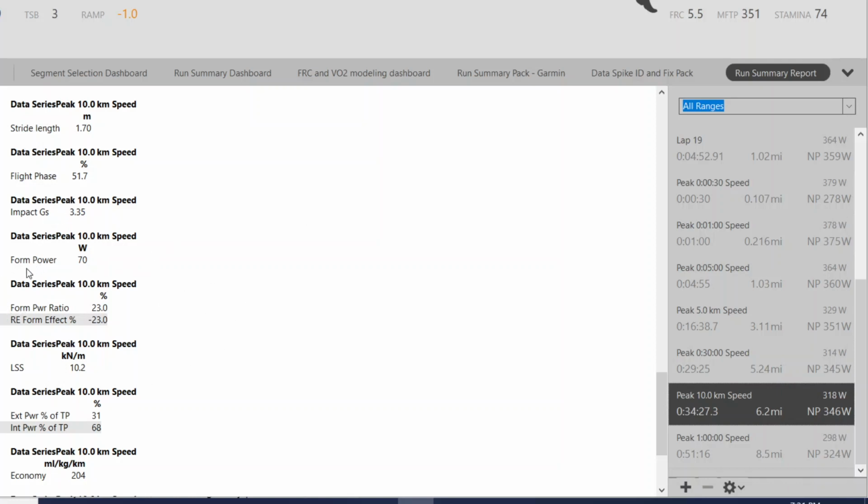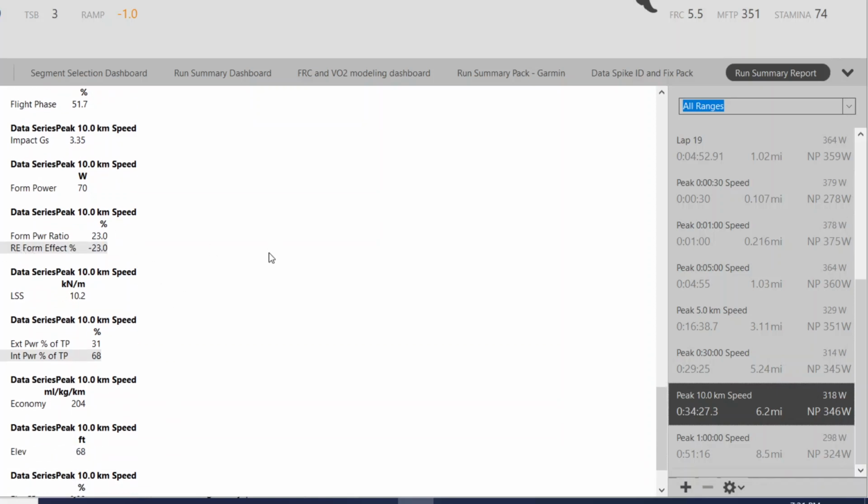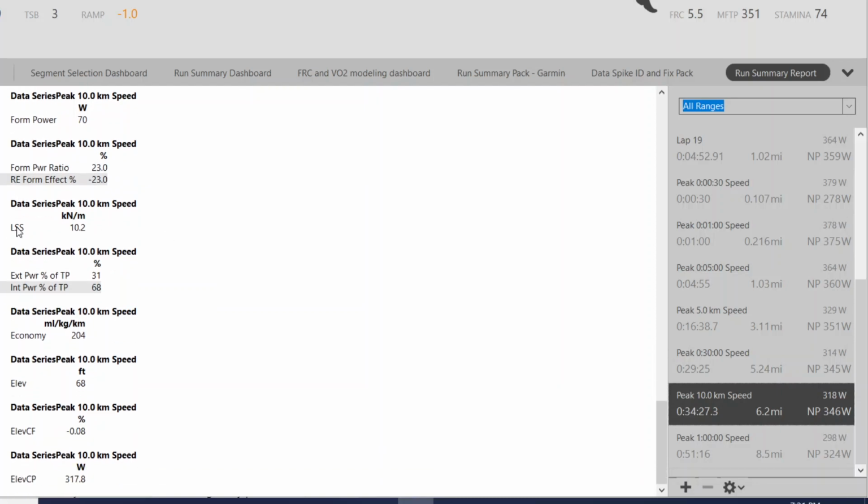I've already talked about form power ratio, the effect of form power on running effectiveness, raw leg spring stiffness. Dr. Coggin also did a power formula, an algorithm that allows you to calculate internal power and external power.